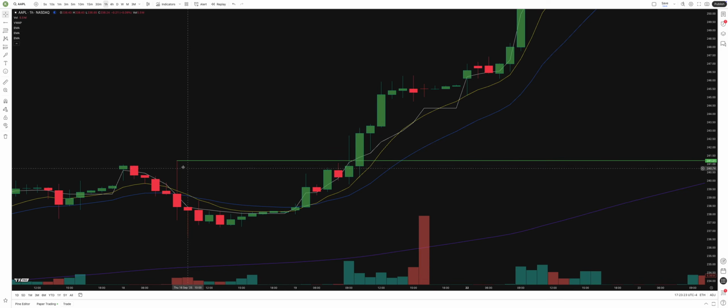Okay, so what we've done is we've had a change of character, and a break of structure. So the change of character, boom, and then a break of structure.